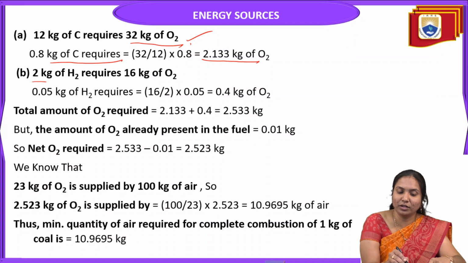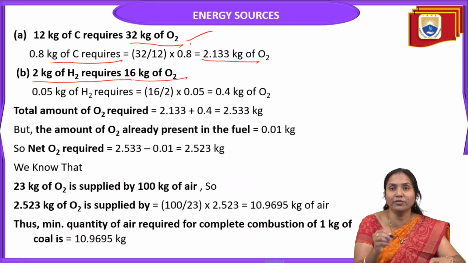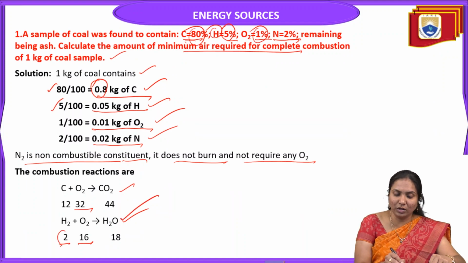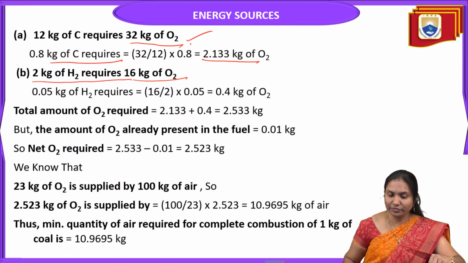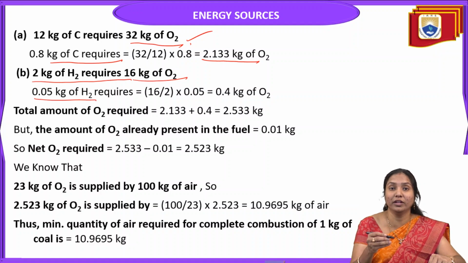And next, 2 kg of hydrogen requires 16 kilograms of oxygen, from the combustion reaction. In the same way, here 0.05 kilograms of hydrogen is already given in this problem.